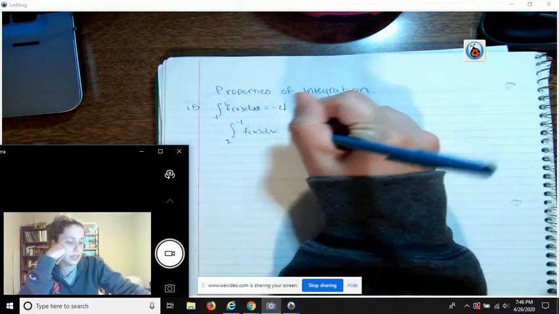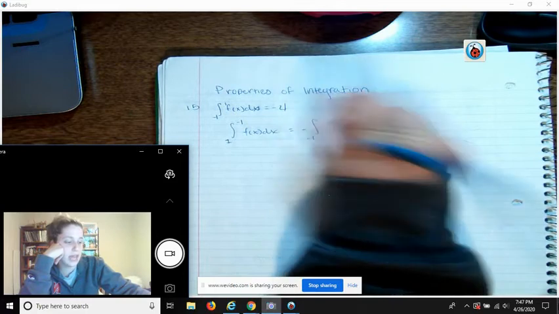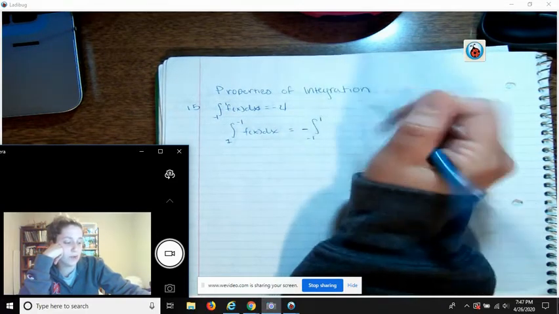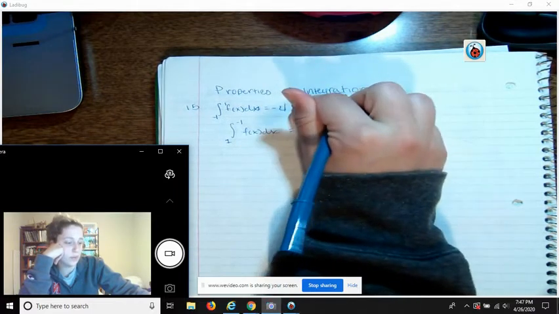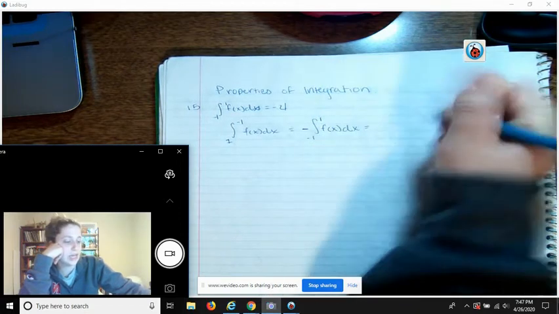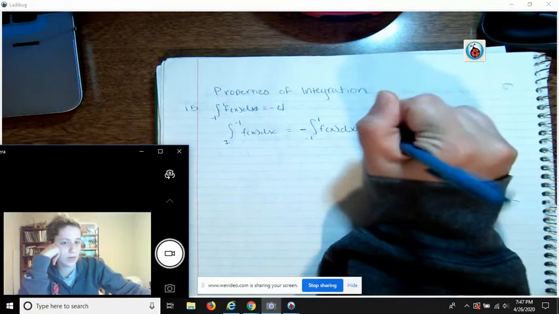I'm pretty sure that this was correct. This should be equal to the negative integral, so you flip the sign of the entire thing from -1 to 1. And now this is exactly what we were given in the beginning, and we can say that this is equal to +4. So that one I believe was correct.